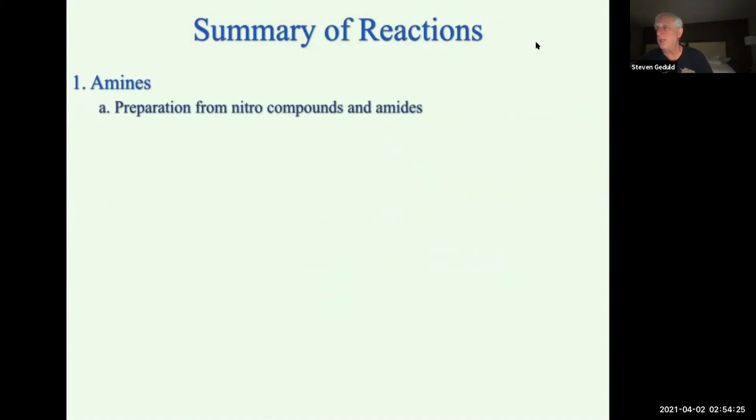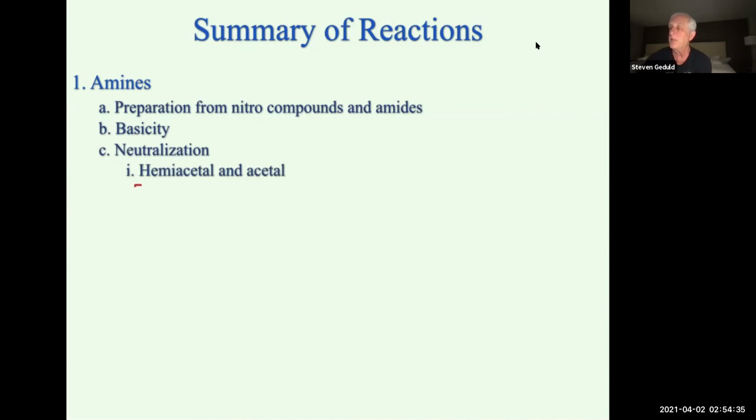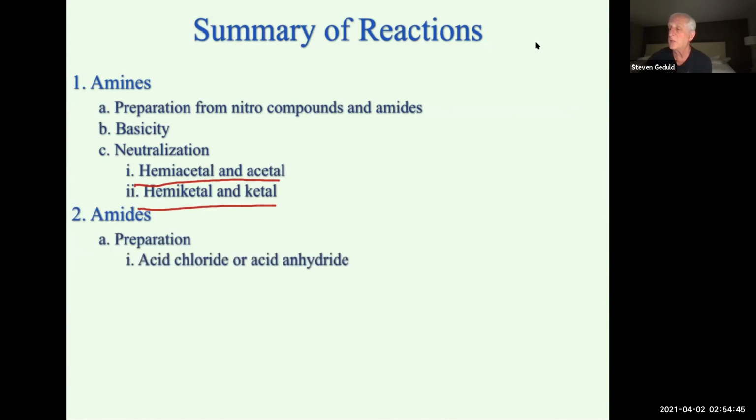All right, so amines, preparation from the nitro compounds and amides, basic environment, basic reaction, and neutralization occurs. Remember the hemiacetal and acetal groups, hemiketal and ketal groups. Amides are formed by preparation from acid chloride or acid anhydride with an amine or ammonia.